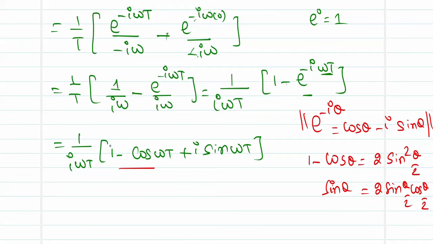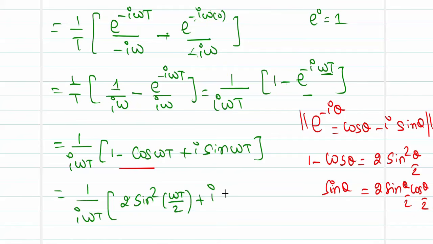So now replacing these quantities in the original function, I have it as 1 by j omega T, into 2 sin square of omega T divided by 2, plus j times 2 sin of omega T divided by 2 cos of omega T divided by 2.